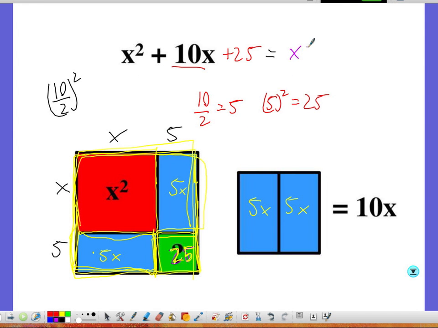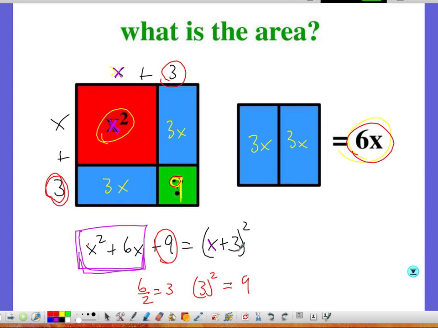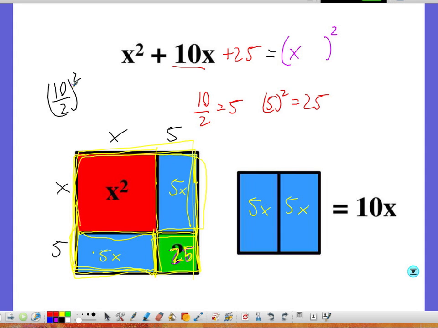We can always have x here, and it's always going to be squared. But how do we find this number here? How do we get the 3? Well, that came from 6 divided by 2 equals 3. So what we need to do here is basically take just the inside of the parentheses, and that gives you what number goes here. And so 10 divided by 2, that's 5.